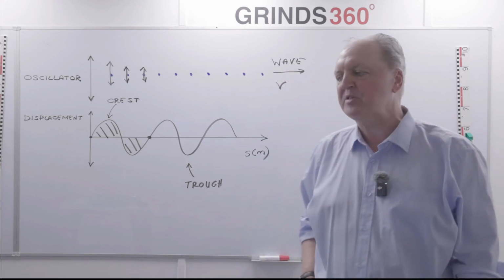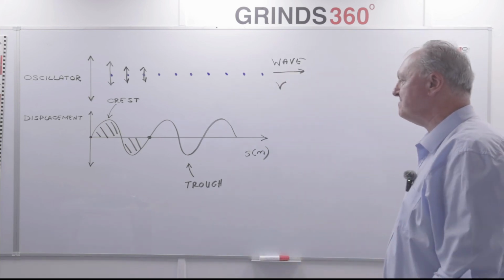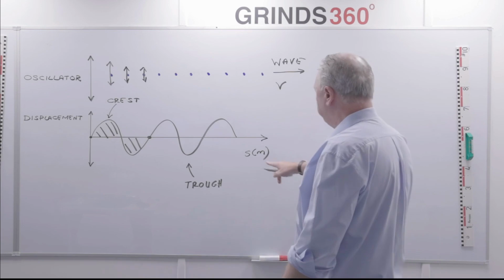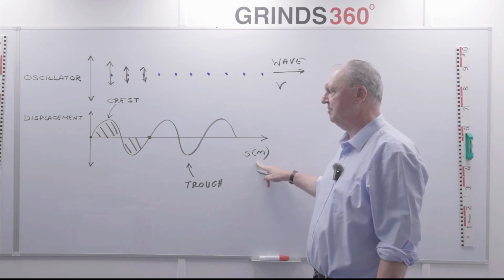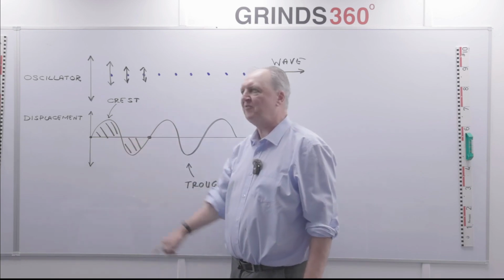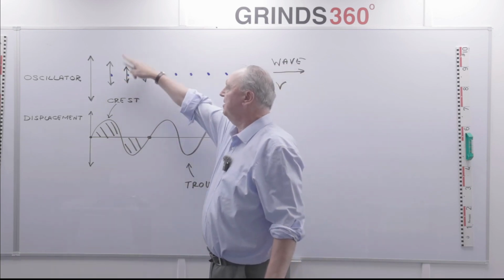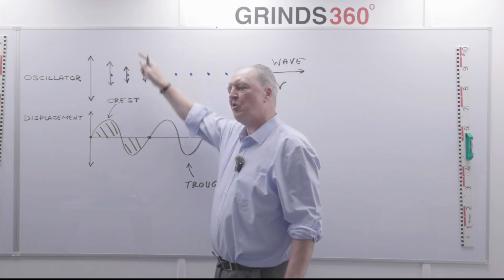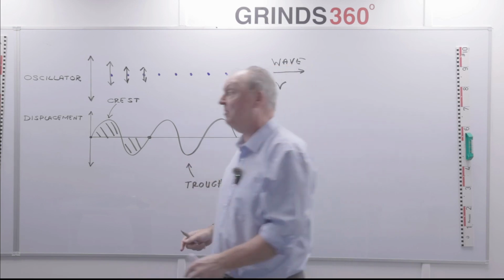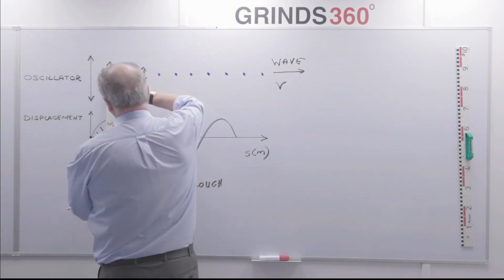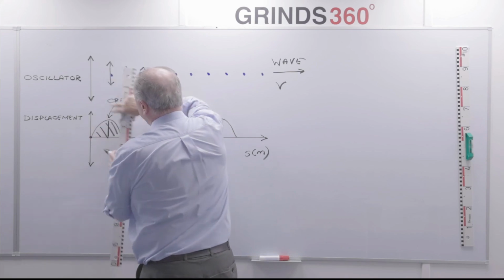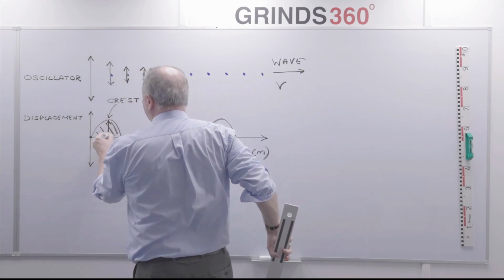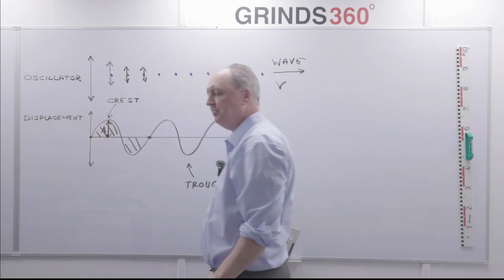So that there represents one full wave. Along the x-axis, I've got the distance s it's traveling. Along the y-axis, I've got the displacement through which these particles are going up and down. And you know what the maximum displacement is? The maximum displacement will be the high point in the wave. So that high point in the wave, that's called A, the amplitude.